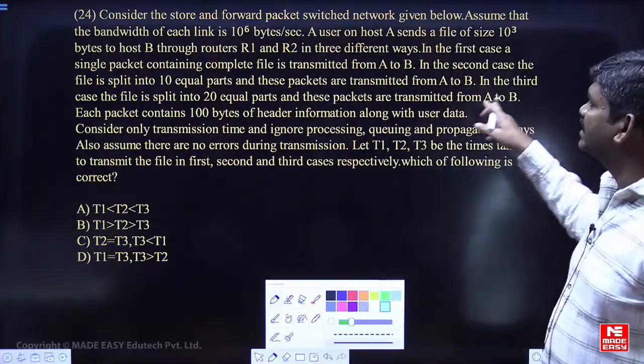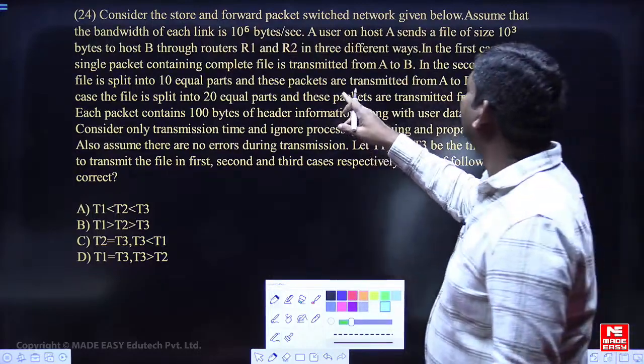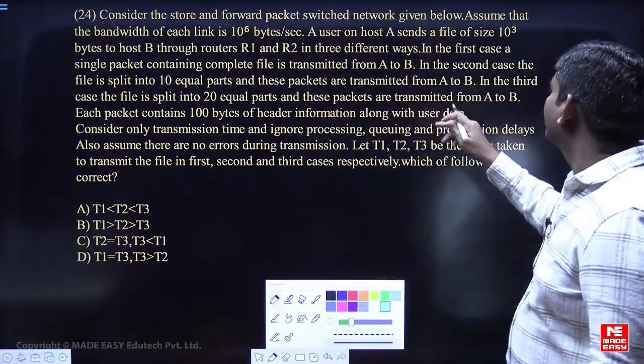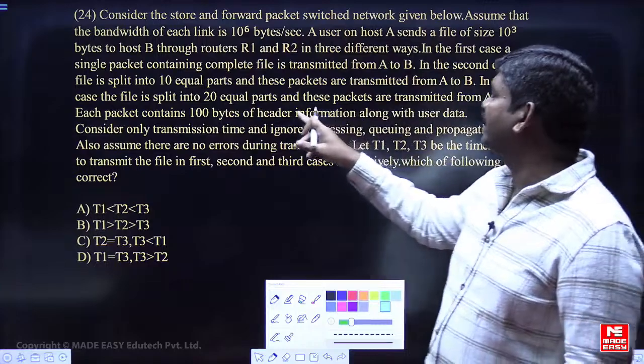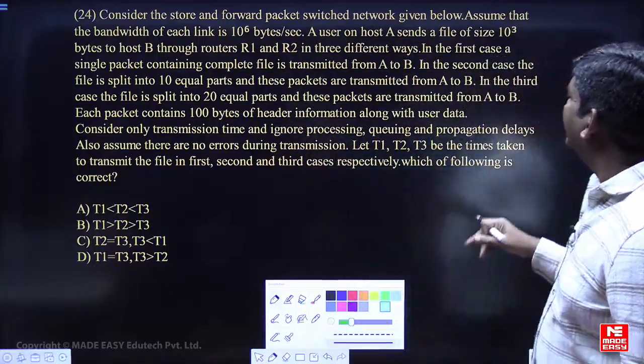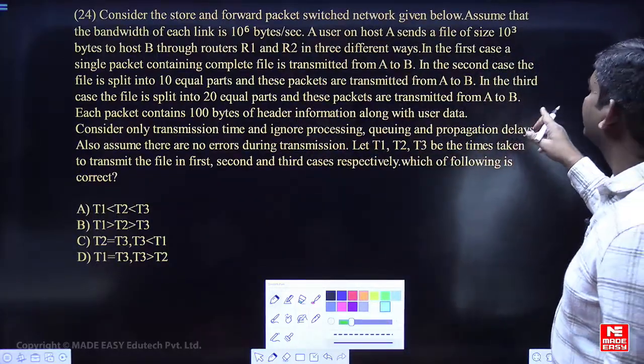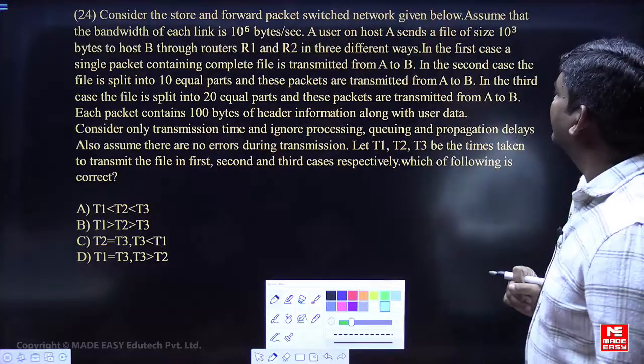In the first case, a single packet containing the complete file is transmitted from A to B. In the second case, the file is split into 10 equal parts, and in the third case, the file is split into 20 equal parts.